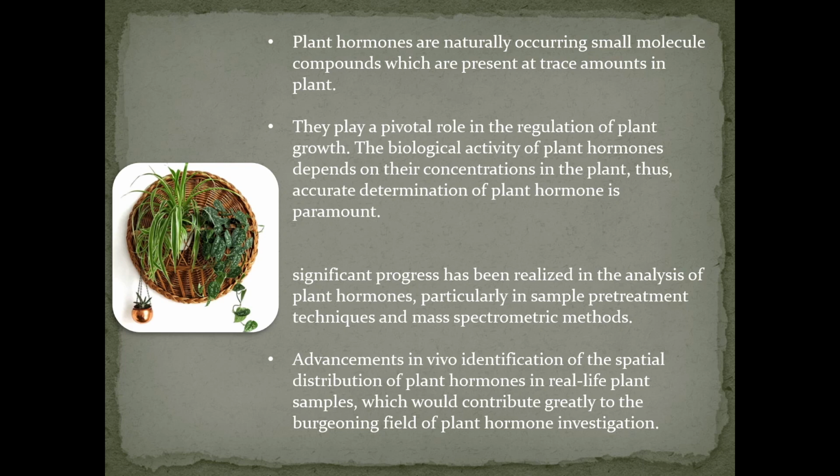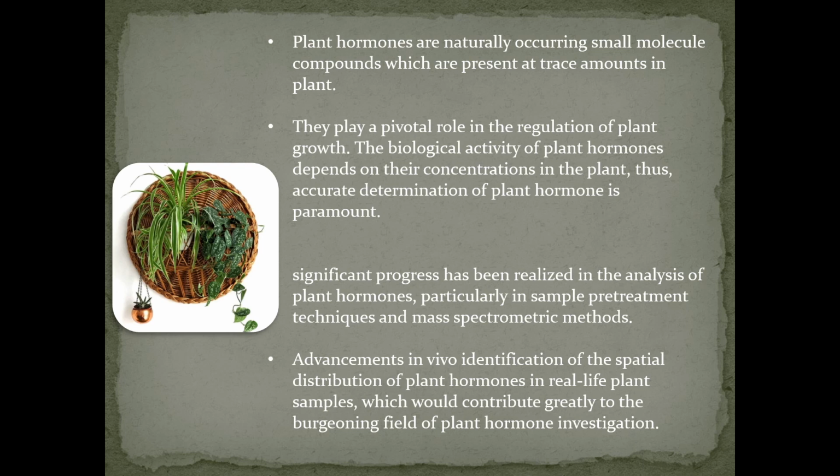Plant hormones are naturally occurring small molecule compounds which are present at trace amounts in plants. They play a pivotal role in the regulation of plant growth. The biological activity of plant hormones depends on their concentration in the plants, so the accurate determination of plant hormones is paramount.